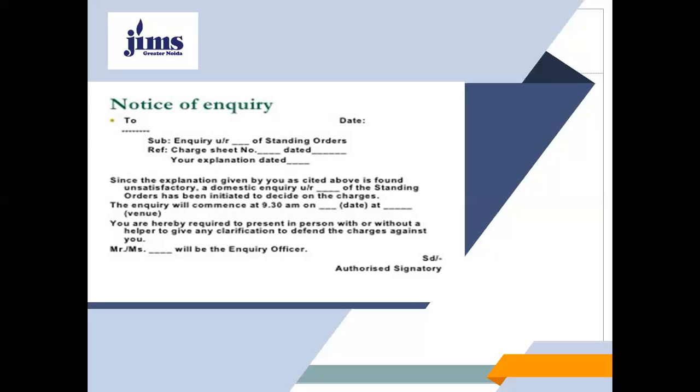You come and represent yourself. Whosoever is the inquiry officer, you will mention the name of that inquiry officer also, and then it would be signed by the authorized person, and then you will issue this notice of inquiry. So this is the format I have discussed with you for issuing the notice of inquiry.